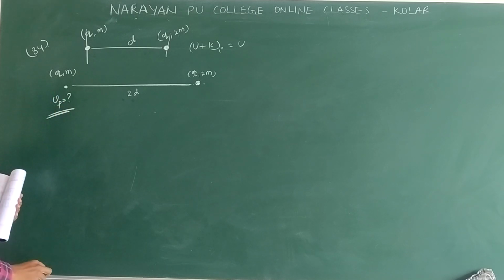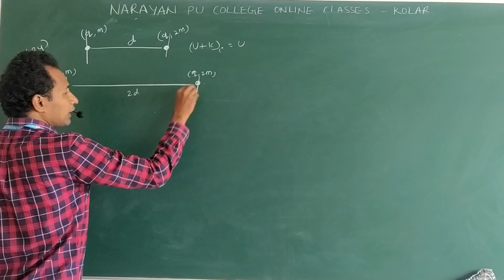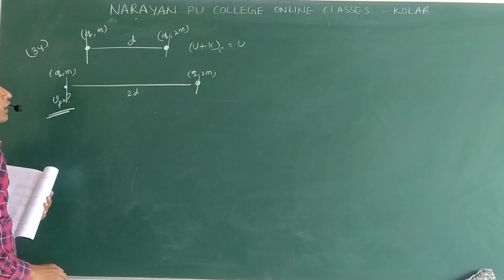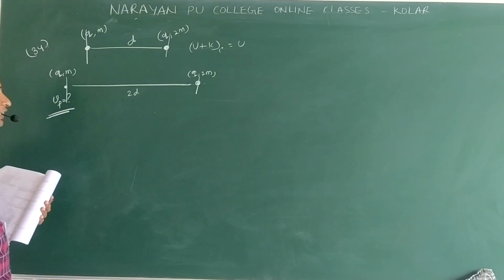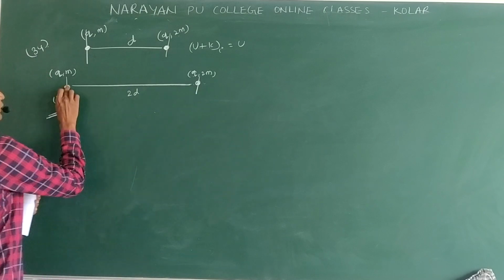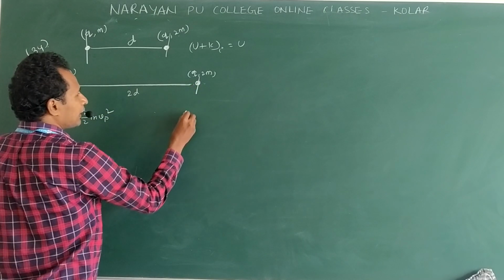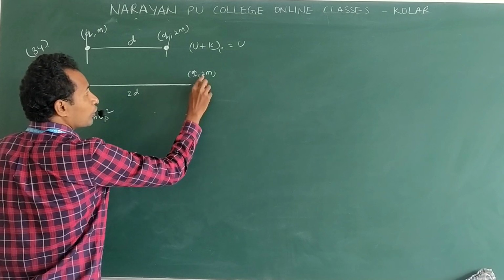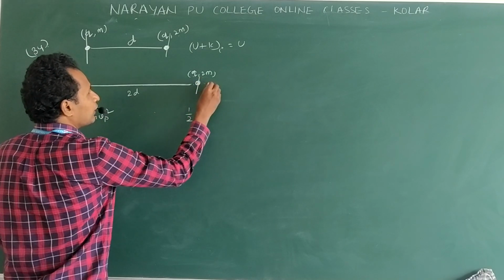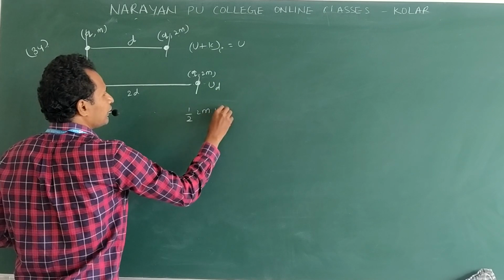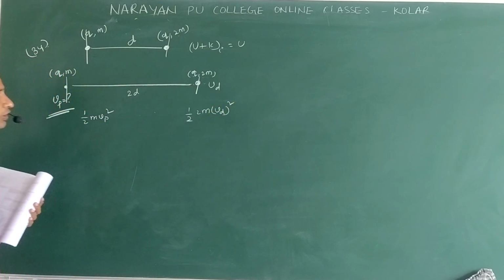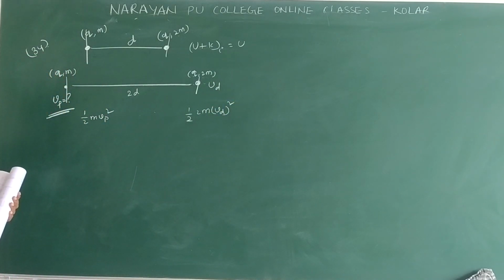Clear? Velocity of proton. In this case, both have kinetic energy as well as electrostatic potential energy. So here, this kinetic energy is of m Vp square, and this kinetic energy is of, what is the mass? 2m, let us say Vd. So Vd square. Clear? This is kinetic energy.